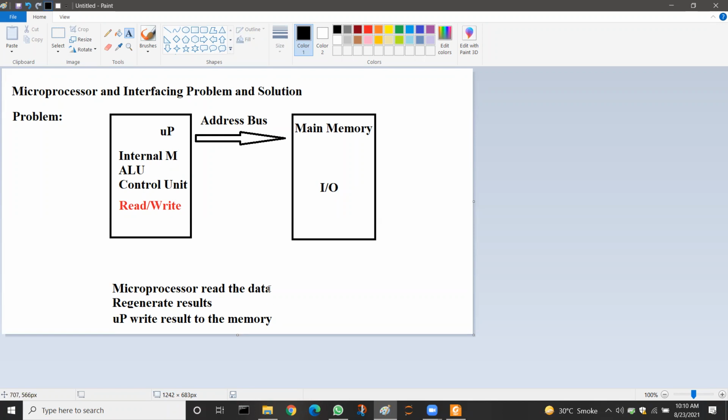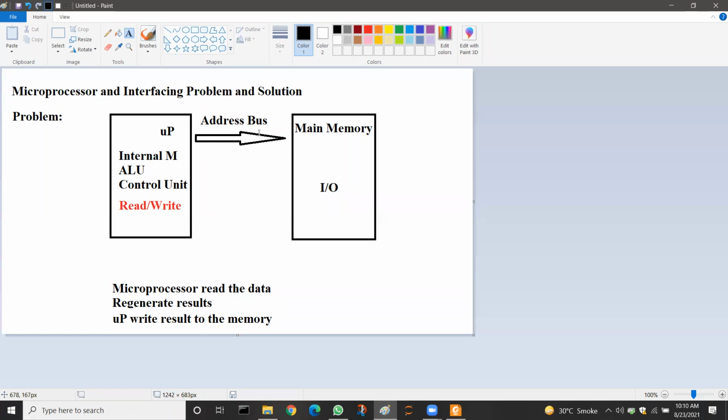This is the problem we need to understand. The bus structure is there in which the microprocessor is attached to the onboard memory and to different modules which help with the interface of I/O devices.